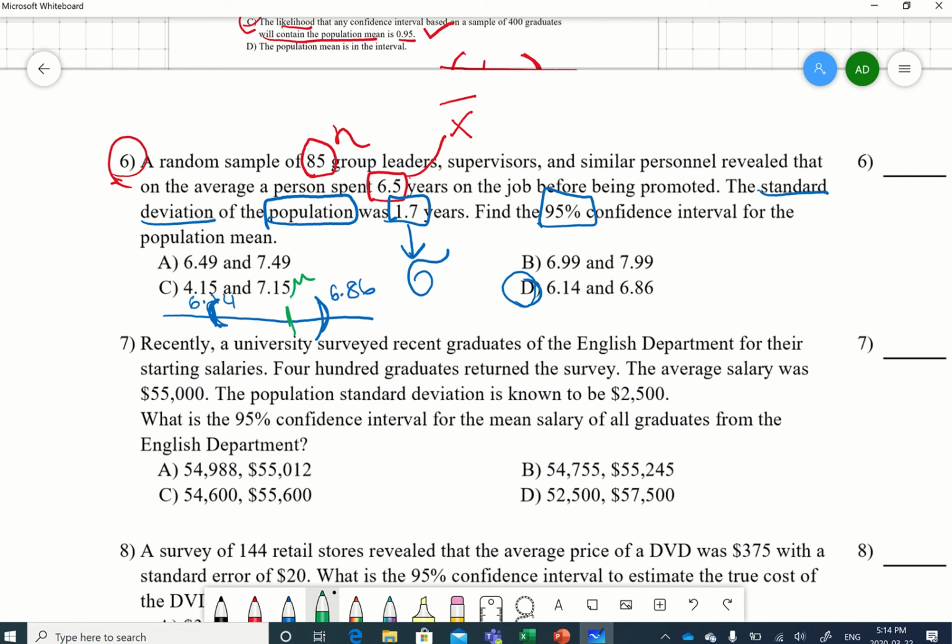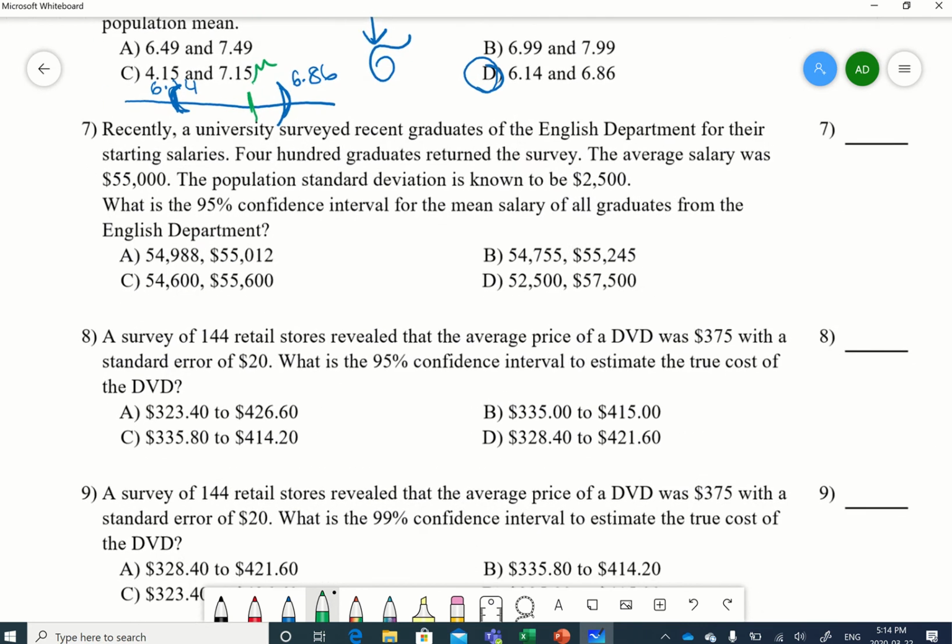So we are 95% certain that the population mean number of years spent on the job before promotion is between 6.14 years to 6.86 years. Okay. Number 7.